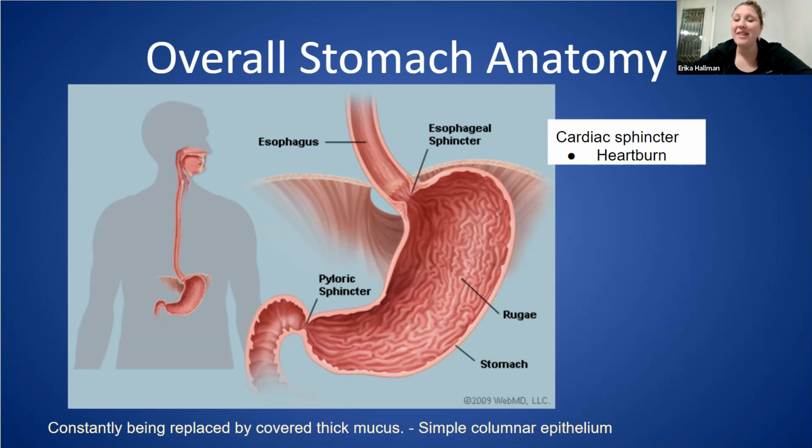Speaking of our stomach, that's our next stop. The esophagus that we mentioned before is going to connect to our stomach through a sphincter, that round muscle that's going to contract. And this sphincter is called the cardiac sphincter. This one's a pretty famous one because it's the sphincter that is involved if somebody feels heartburn. So our stomach here we can see is a long, rounded shaped organ that is filled with acid.